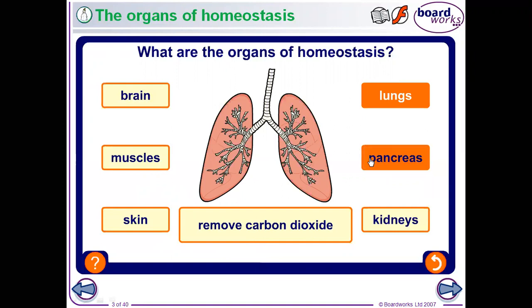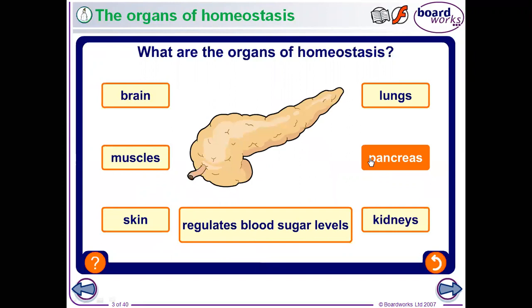Okay. Another, we have pancreas. Pancreas plays an important role in control of blood sugar. For example, if the glucose level increases in our body, pancreas will produce a specific hormone called insulin, and insulin will increase the uptake of glucose by liver cells, and liver cells will convert that glucose into glycogen.